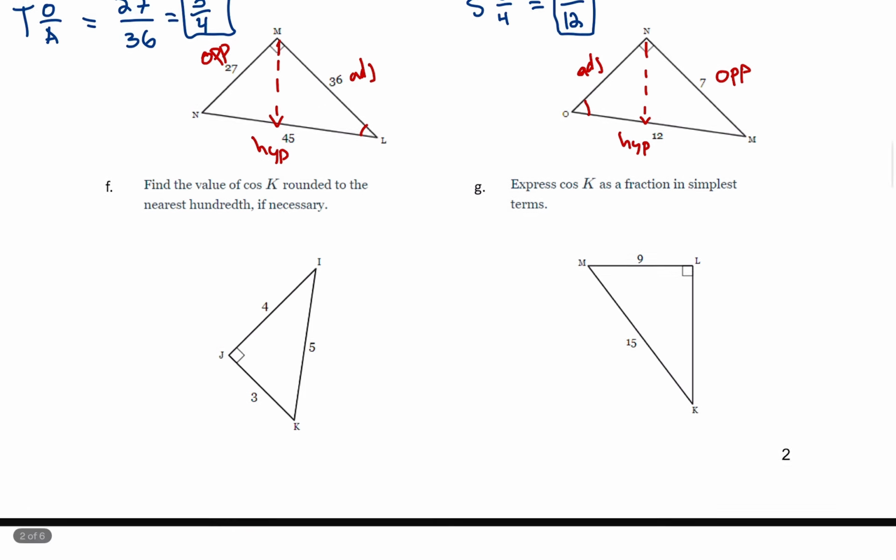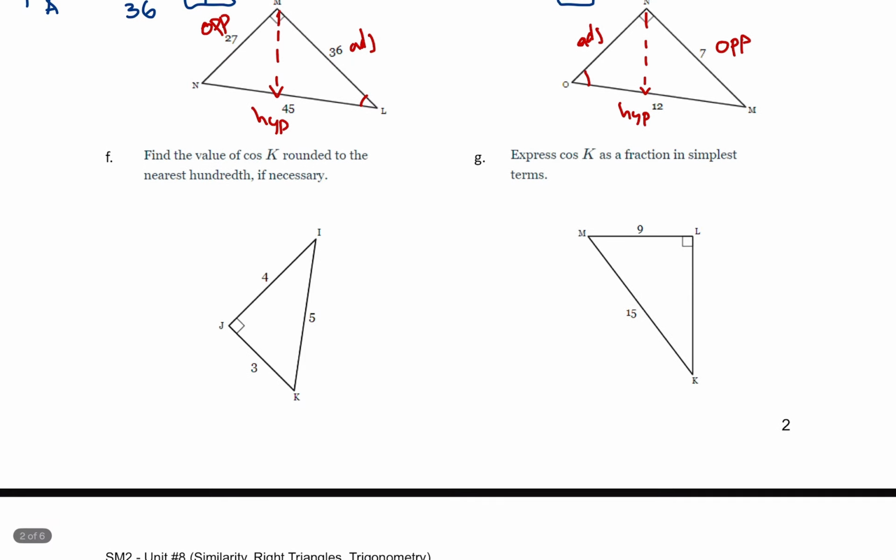Okay, looking at F, it says find the value for the cosine of K. All right, well, we're looking at angle K. Angle K is this right here. Now step 2, label my sides. The hypotenuse is always straight across from the 90-degree angle. The adjacent is always touching this angle, and that leaves 4 to be my opposite. Now, step 3, make the ratio.